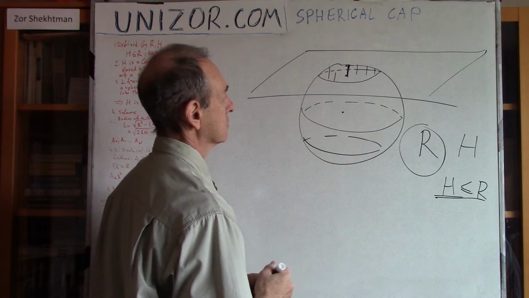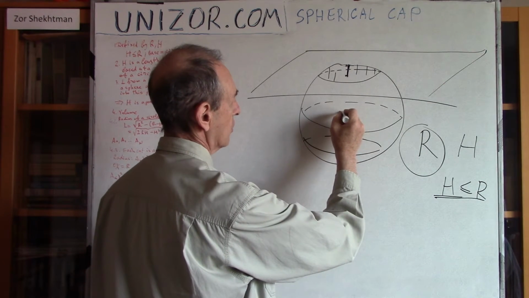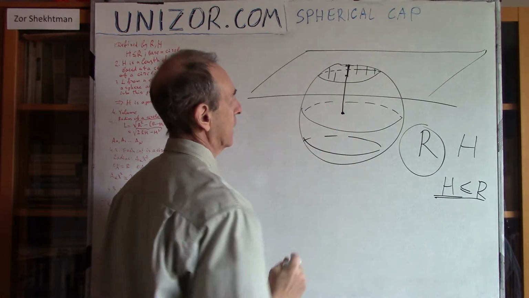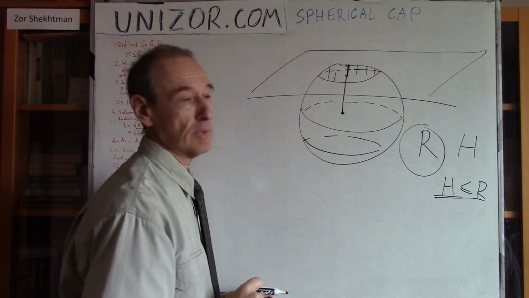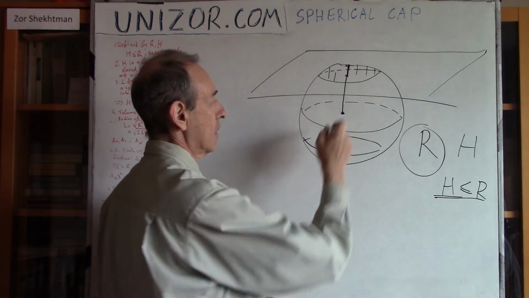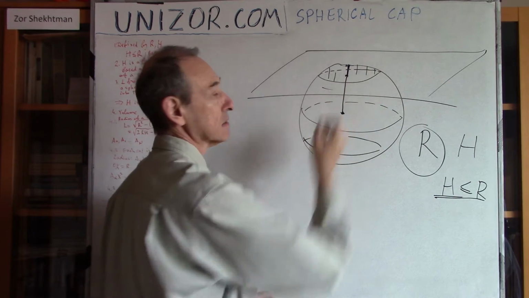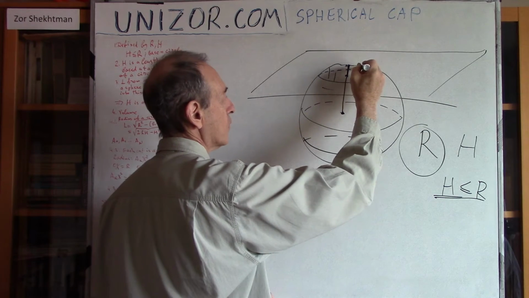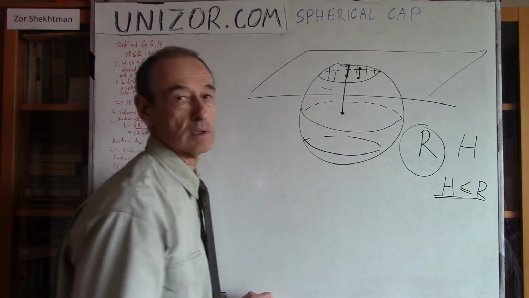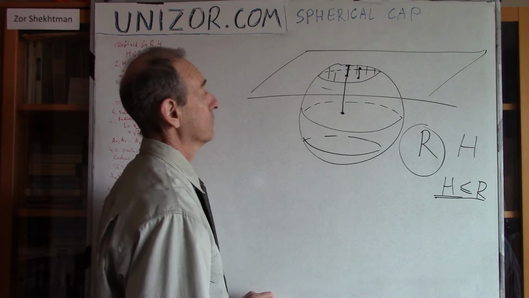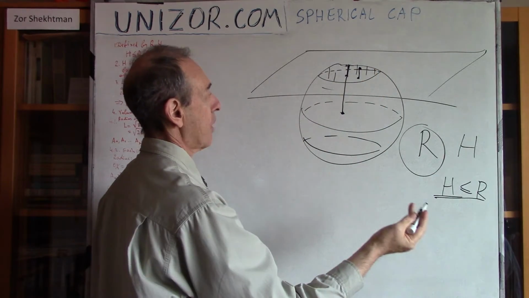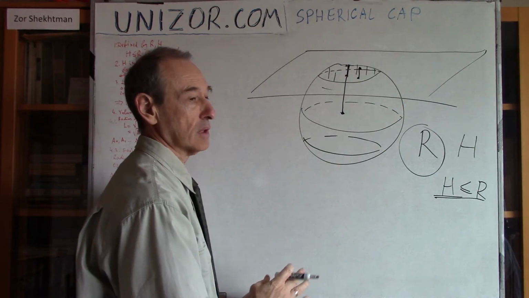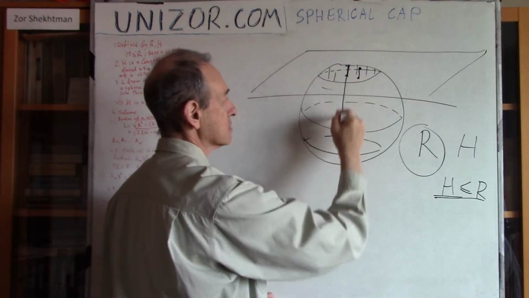Let's draw a perpendicular from the center to the plane which cuts the sphere. We know from the previous lecture that this perpendicular falls into the center of the sphere, right? So let's consider some point here from which the perpendicular down is the longest. These are two perpendiculars to the plane, so they're parallel lines, right? So we can cut another plane through these two perpendiculars.